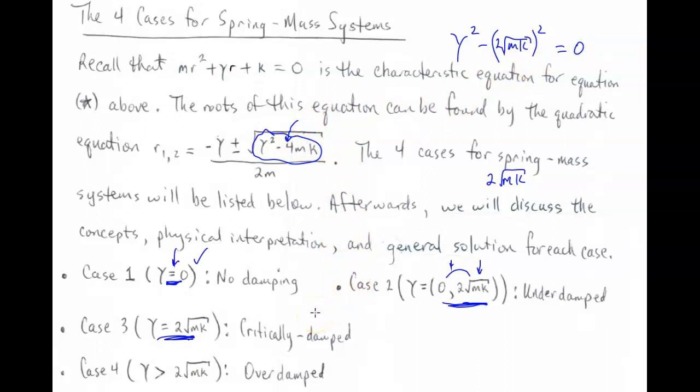In that case, our spring-mass system is going to try to oscillate back and forth, but because the damping of the dashpot is so stiff, it's not going to be able to make a full oscillation. And then in the case where we go beyond gamma equaling 2 times the square root of mk, the fluid or material in the dashpot is so viscous, so thick, that we're not even going to have oscillations at all.